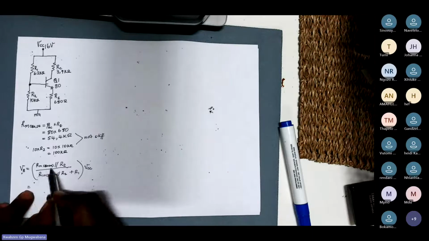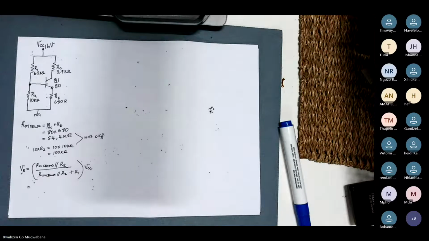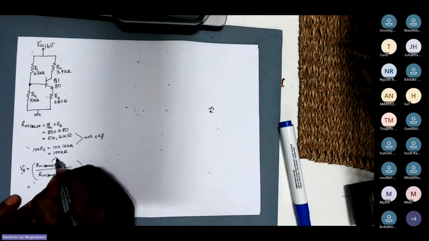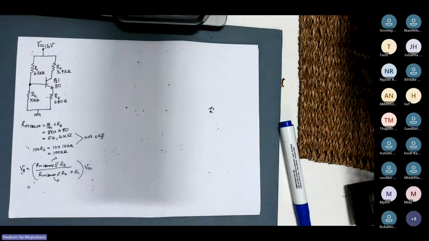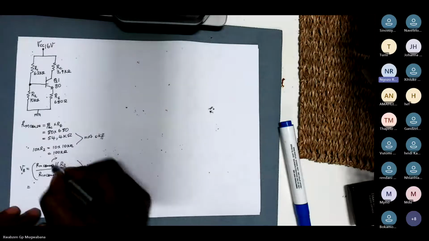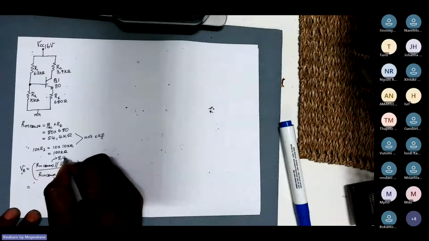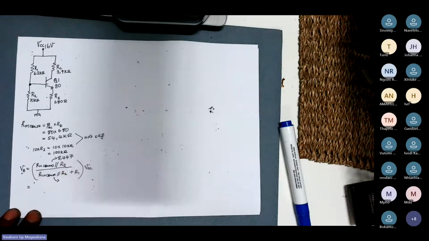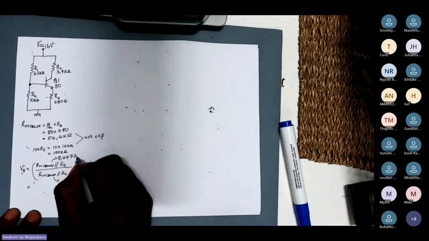I need to find what is R in base parallel to R2, right? What is R in base parallel to R2? It's 8.447 kilo ohms.